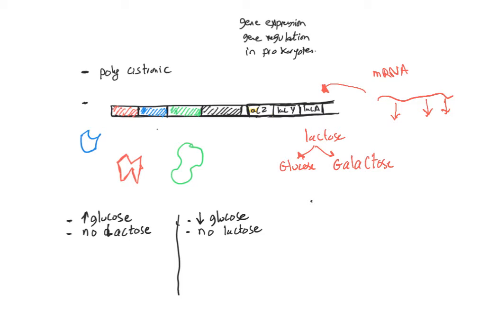In bacteria, glucose is actually preferred. So whenever there is glucose, this gene won't work. The gene will not work if glucose is there.